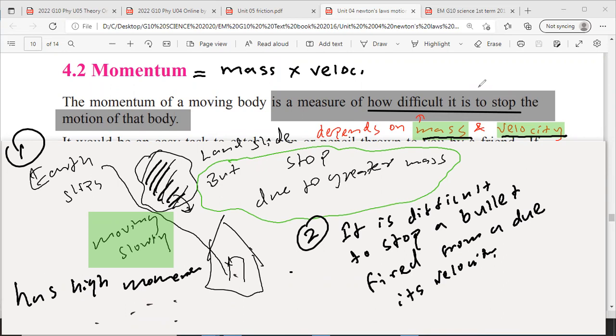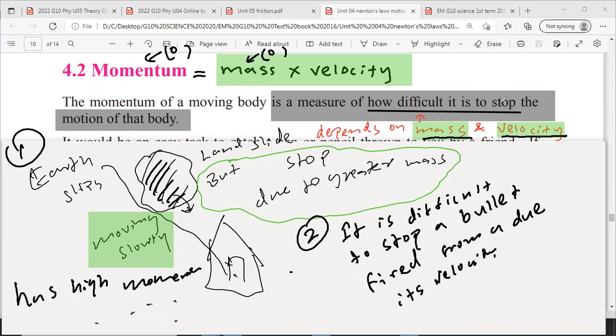Put a star right. Momentum is a vector. It has a direction because of the velocity. We had done vectors and scalars under chapter 2, unit 2, so I am not going to explain them from the beginning.